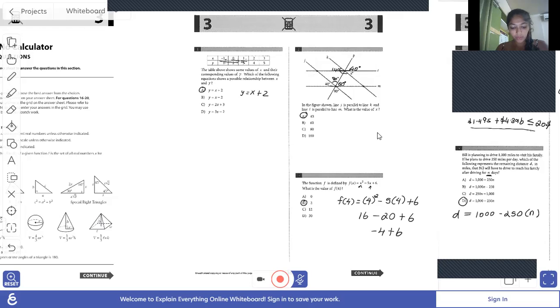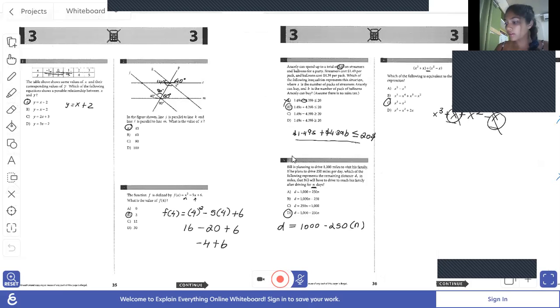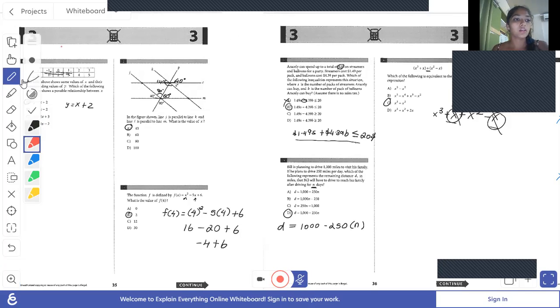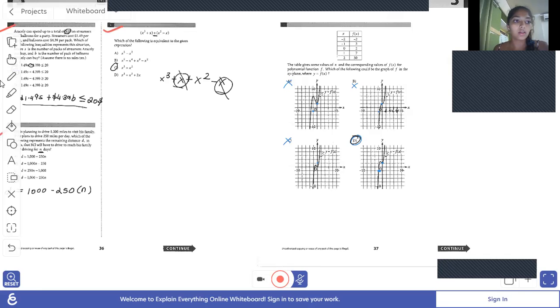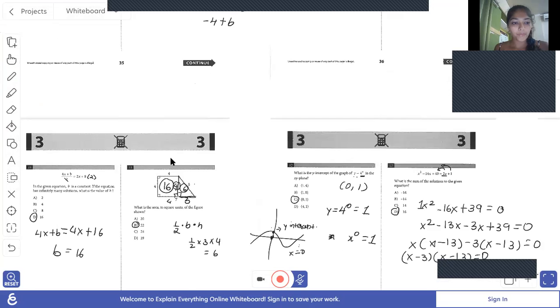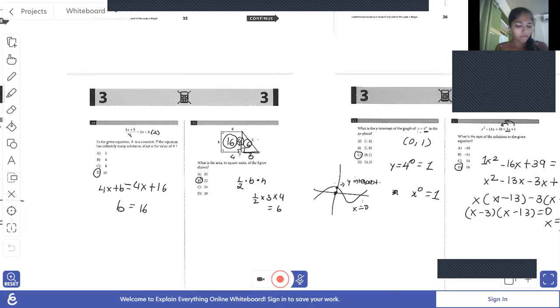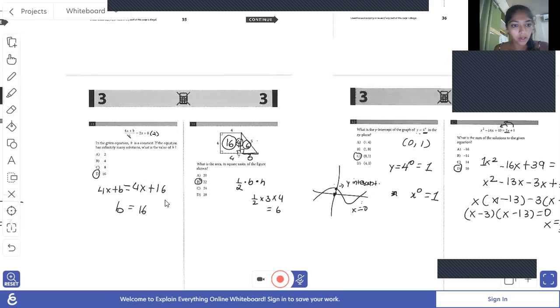Okay, no calc: A, A, B, B, D, C, D, B, A. Let's use a red pen. So A, B, D, C. So far so good. D. B. Wait.